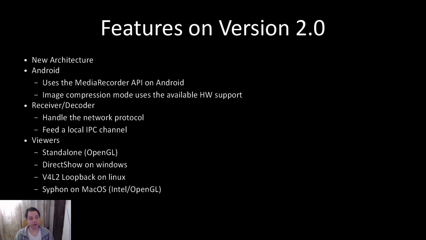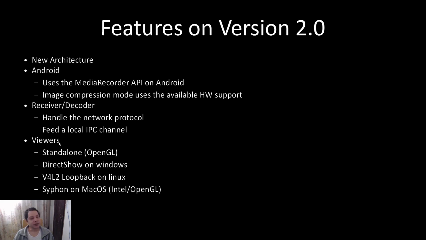The video stream is then transmitted to another software that receives and decodes the frame. The software that decodes the stream feeds a local IPC channel. The viewer is a program that reads the IPC channel and translates that frame to any other format it wants.